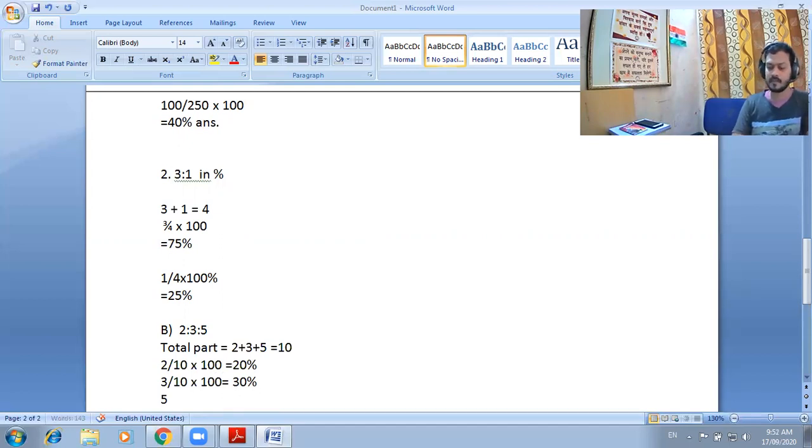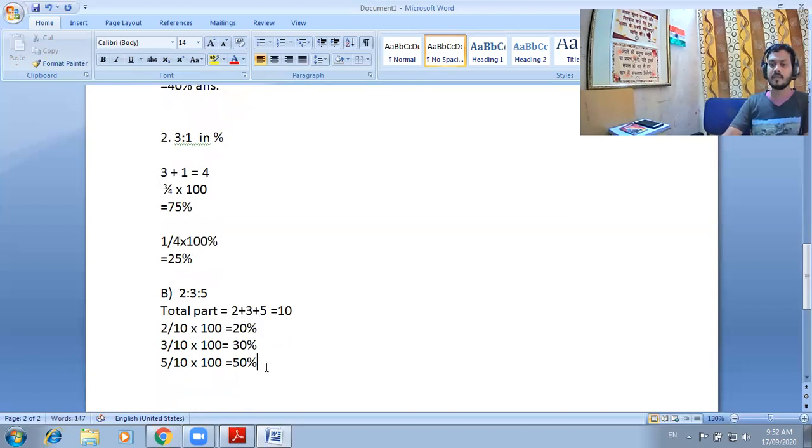So 5 divided by 10 into 100 becomes 50 percentage. If someone has any queries regarding the percentage, we can add all the percentages, and if our answer becomes 100, then our answer is correct. So 20 plus 30, 50, and 50 plus 50 equal to 100 percentage. So our answer is correct.